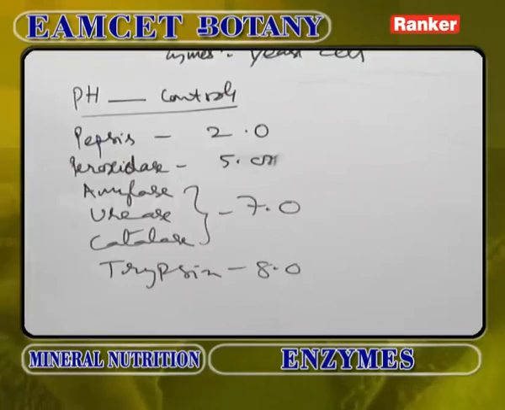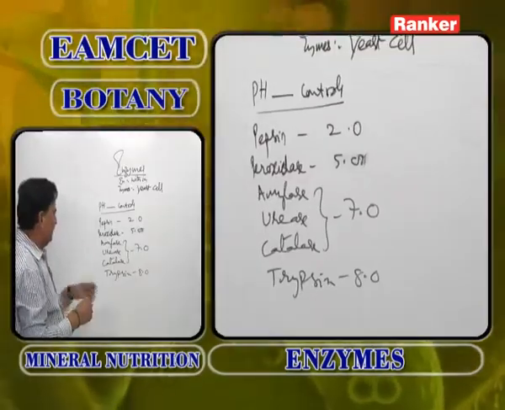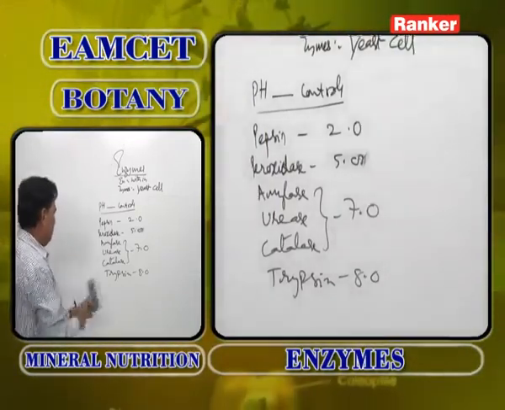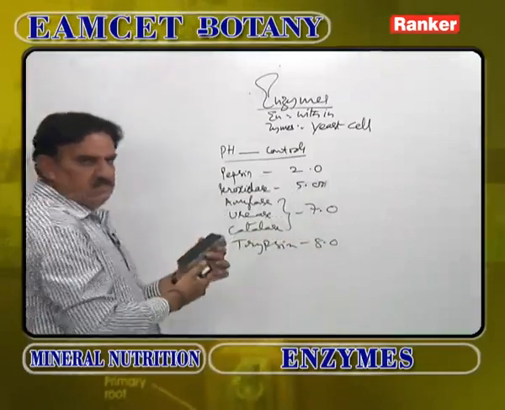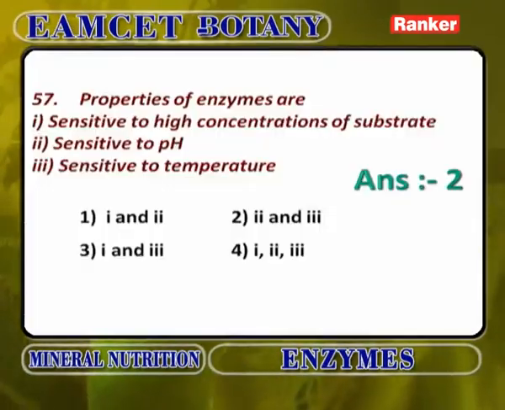So, at pH 2 pepsin is active. Peroxidase, the pH sensitivity is 5. Amylase, urease, catalase, the sensitivity goes up to 7, and for trypsin it is 8. This is sensitivity to pH.